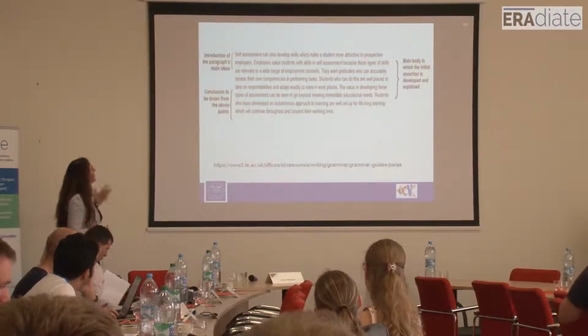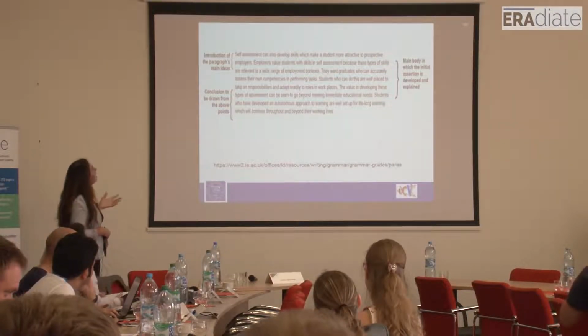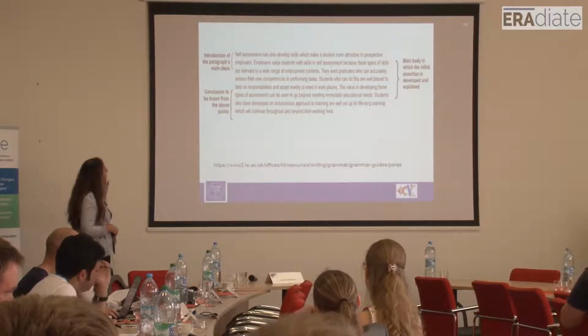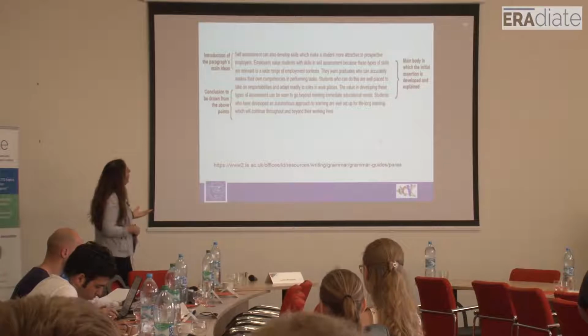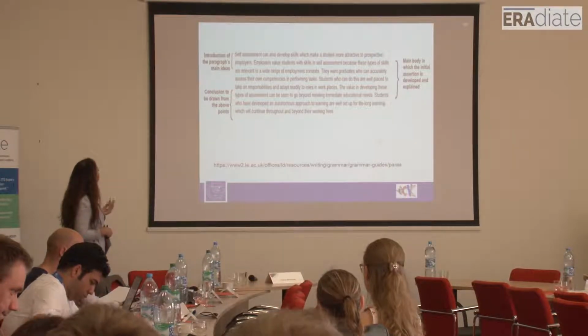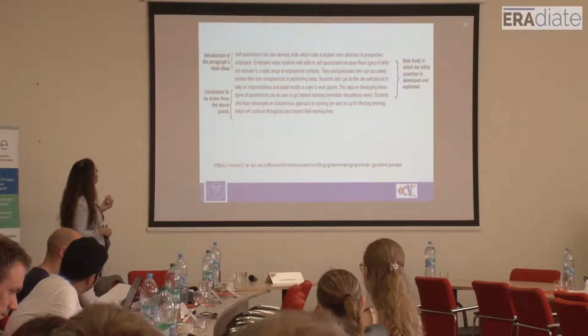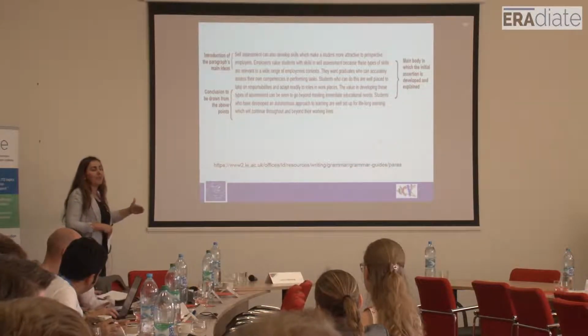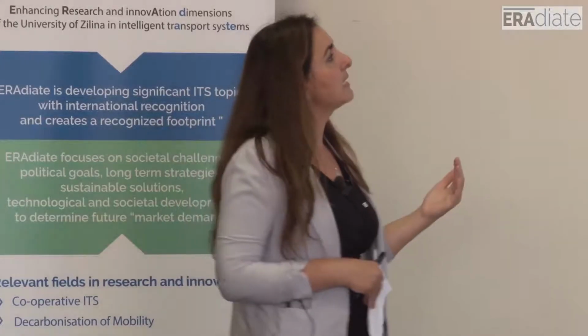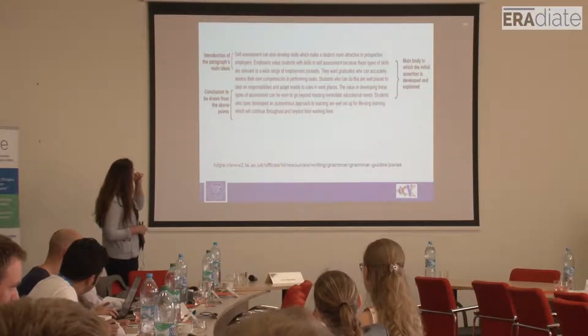Employers value students with skills in self-assessment because these types of skills are relevant to the wide range of employment contexts. They want graduates who can accurately assess their own competencies in performing tasks, etc. So we will provide the reader with some arguments. And the final sentence goes like this.